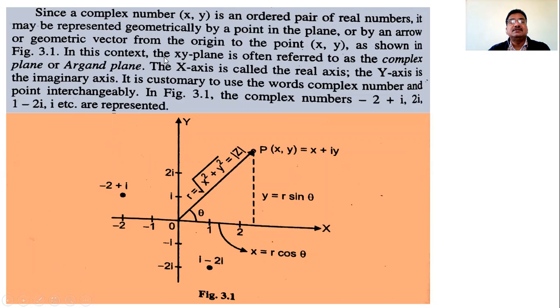In this context, the xy plane is often referred to as the complex plane. This is the complex plane or Argand plane, and the x-axis is called the real axis, the y-axis is called the imaginary axis.